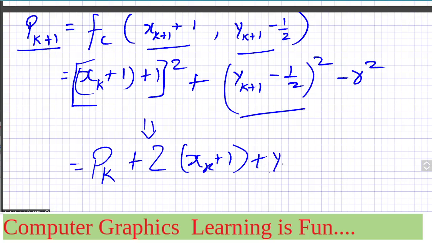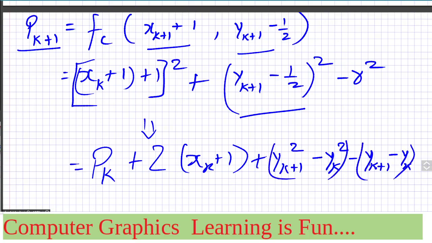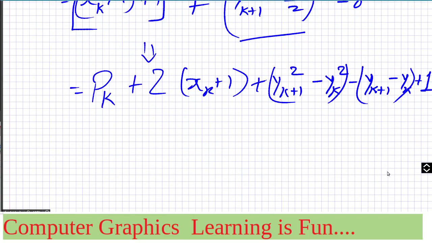It will be yk plus 1 square minus yk square minus yk plus 1 minus yk. Okay, these two things can be kept like this, plus 1. Okay, so this is something that you will get for pk plus 1. Try to derive it and find whether you are getting this thing or not.